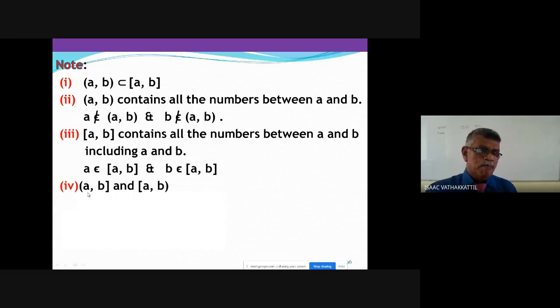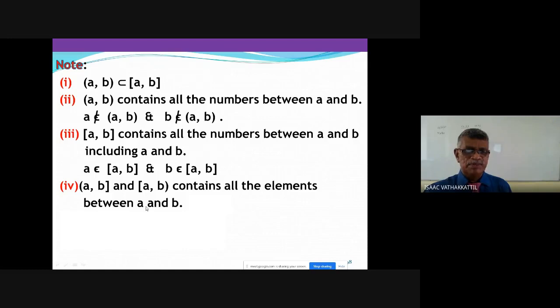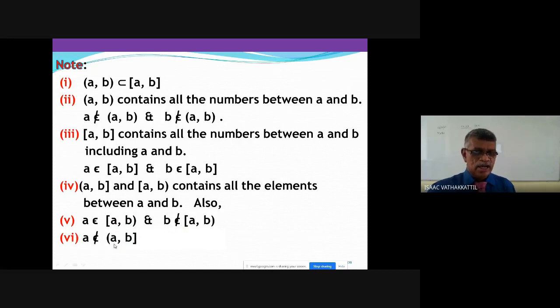See, open closed, closed open: this also contains all the elements between A and B. A is a member of closed open AB, but B is not a member of closed open AB. Similarly, A is not a member of open closed AB. I think you are getting the grip now. B is a member of open closed AB.